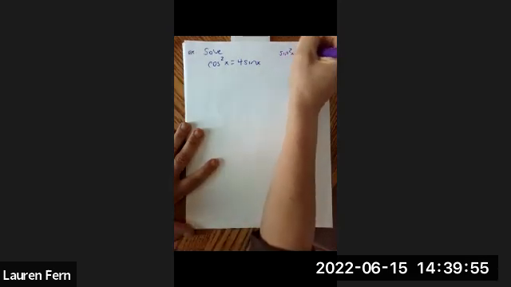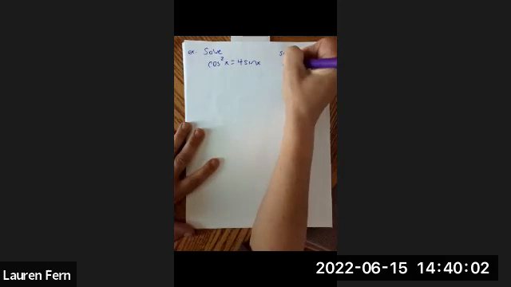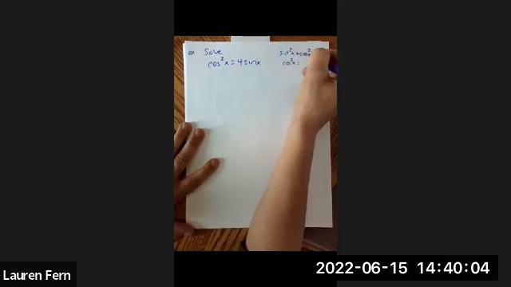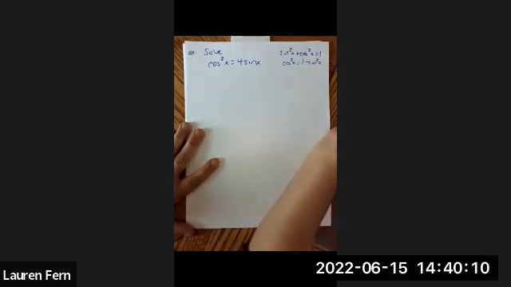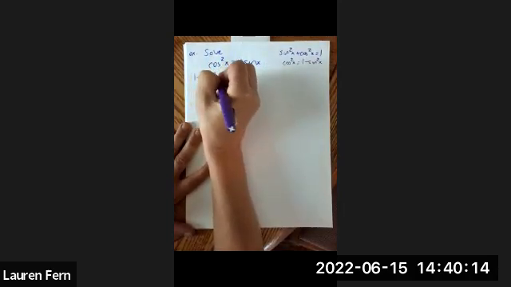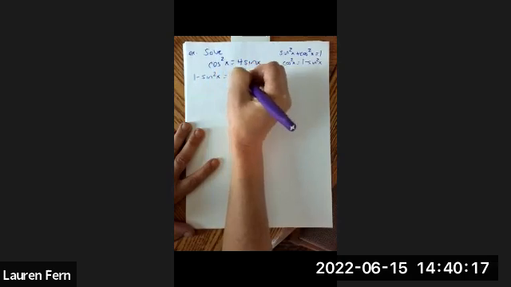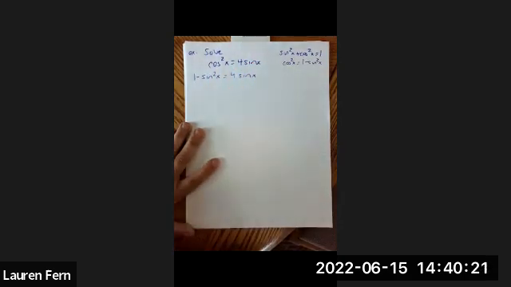Remember, we have sine squared plus cosine squared is 1. I claim then I can say that the cosine squared, getting that alone, is 1 minus sine squared. So I can rewrite my left-hand side as 1 minus sine squared x equals 4 sine x.